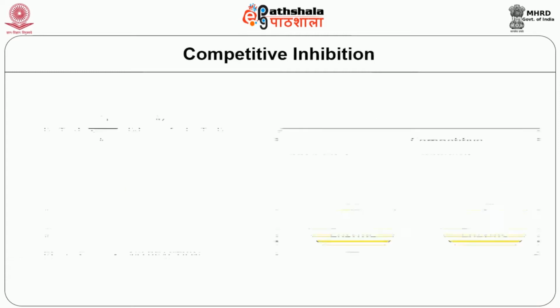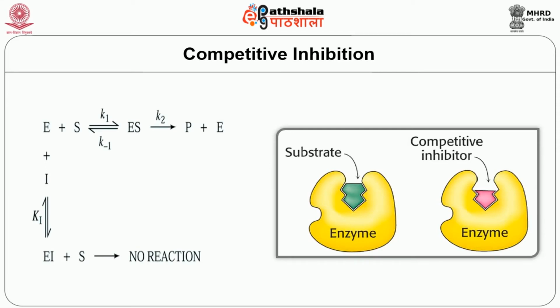Competitive inhibition. An enzyme usually binds to its substrate, leading to the formation of an enzyme-substrate complex, which further degrades to release the product and the enzyme. Now, what does a competitive inhibitor do? It competes with the substrate for the active site.